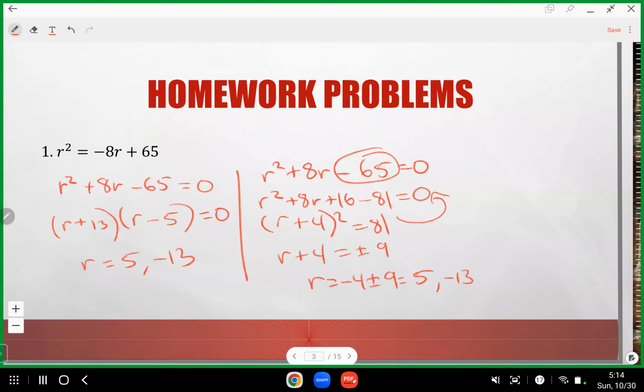So always try to use factoring if possible. If it's not applicable, then you can try completing the square. Or you could directly use the quadratic formula, but don't use it until you absolutely have to, because most of the time it's pretty ugly. All right, so let's do this next one. Put your answers in the chat.